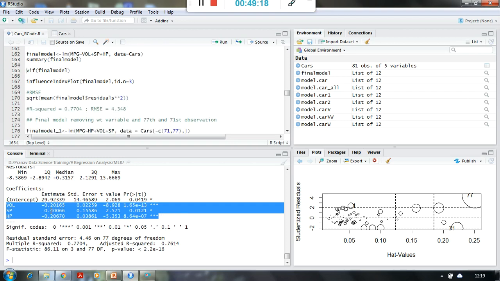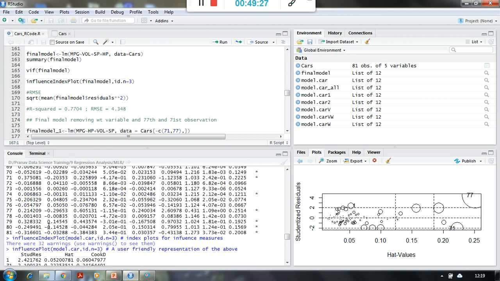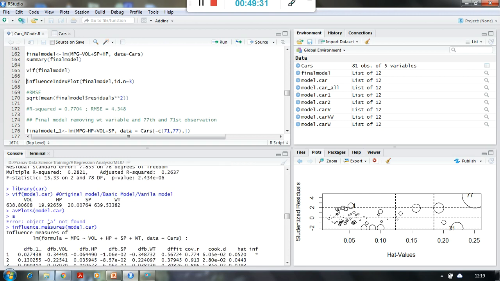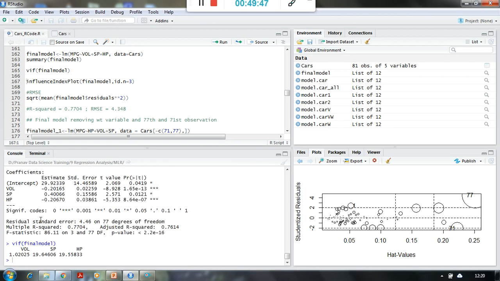If I consider this as my final model, let me check the VIF values now for these 3 variables, and look at that. Volume was earlier 638.80, weight was 639, HP was 90.92 and SP was 20.00. So from 638, 19 and 20, these three variables have come down to 1, 19 and 19.